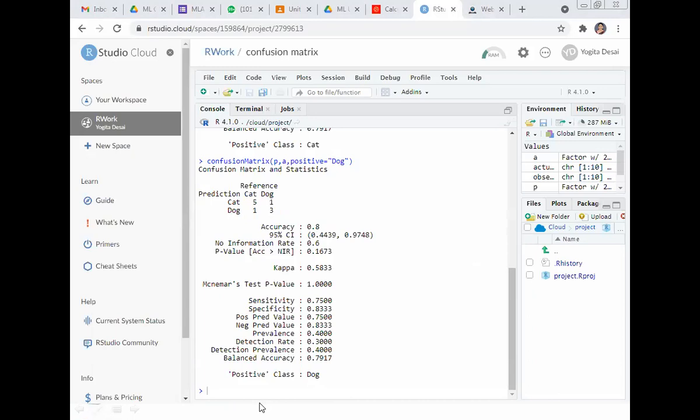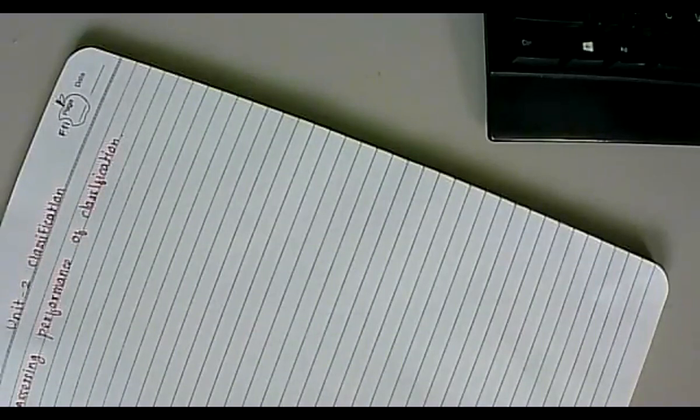I am starting my camera. Is it visible to you? No. Just a minute. Nayan is saying yes.